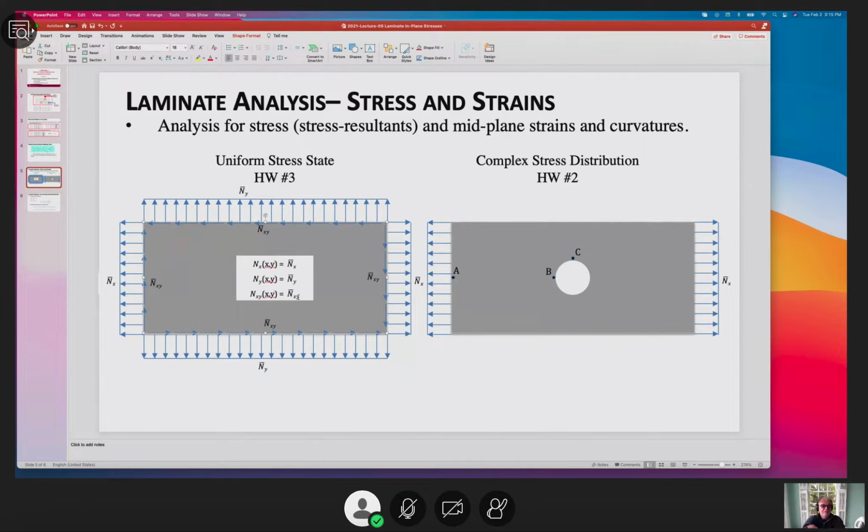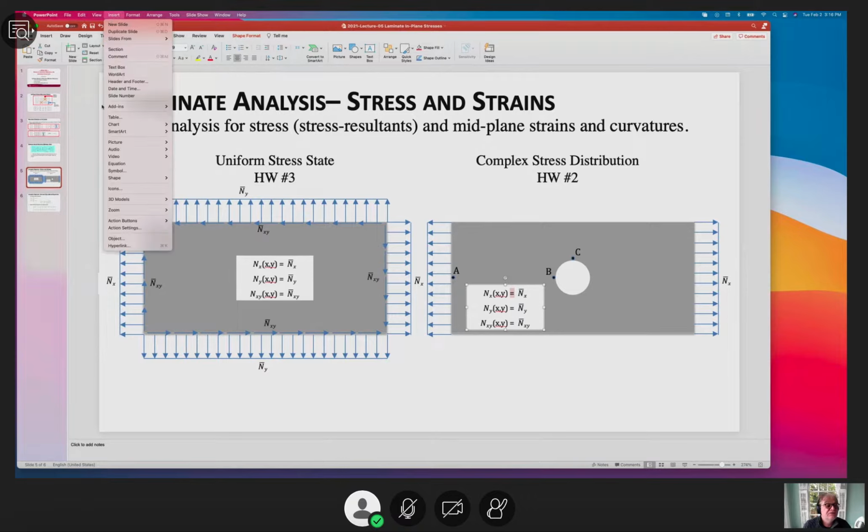And then for a given laminate, we'll be needing the stresses in each layer in this plate. Now, here on the other hand, there's again a distribution of Nx, Ny, and Nxy, but these are complicated and not even equal to the bar values.